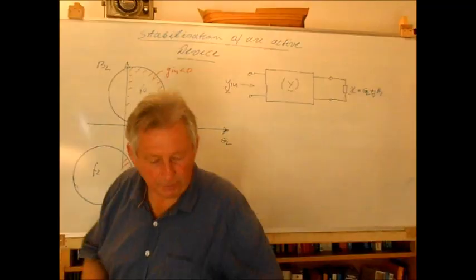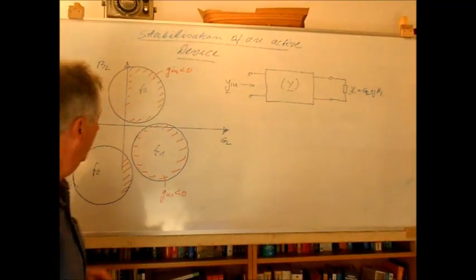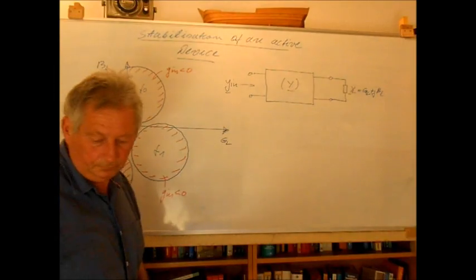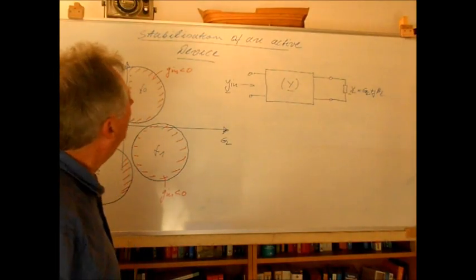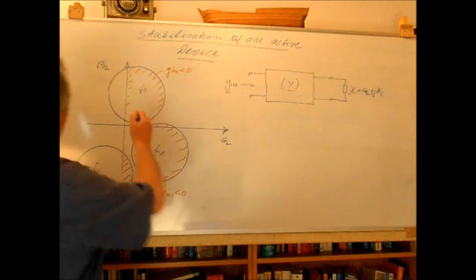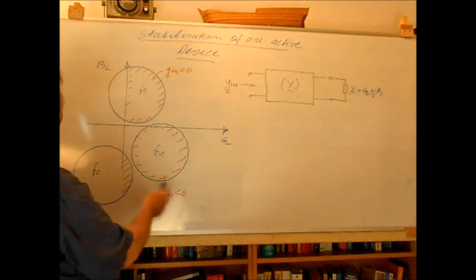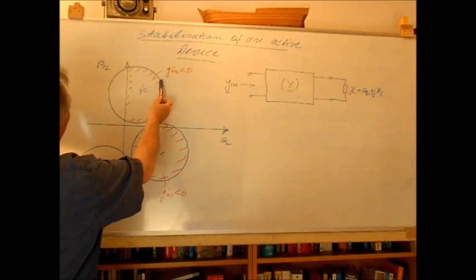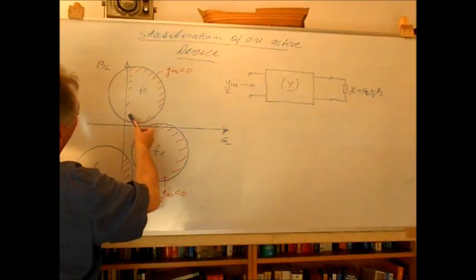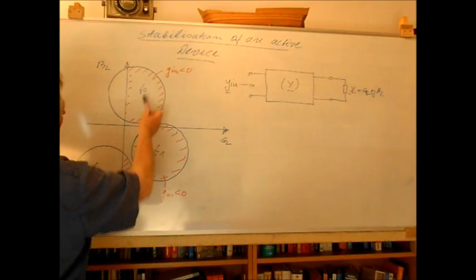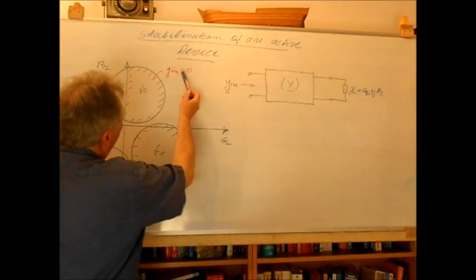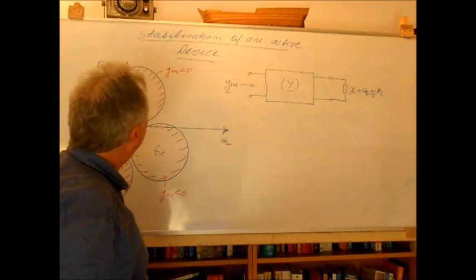So it consists of a real part and an imaginary part, and we have here our load stability circles in the load plane, and as soon as the load admittance comes out of the stability circle, in the red sketched area, then this will result in a negative input impedance.